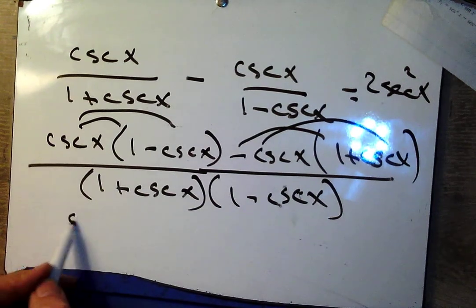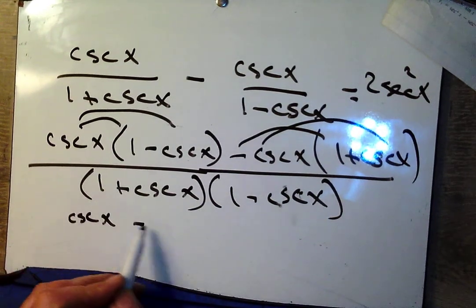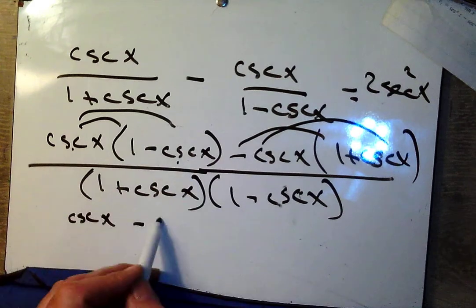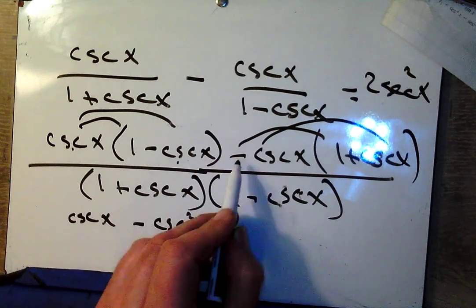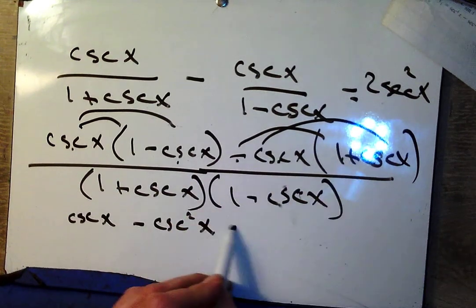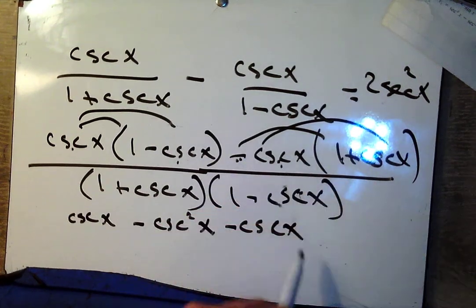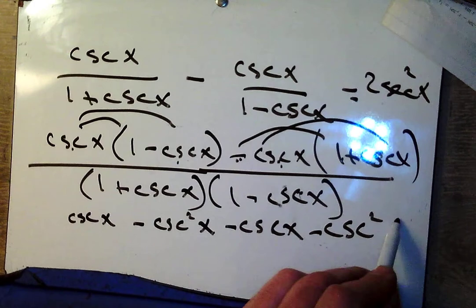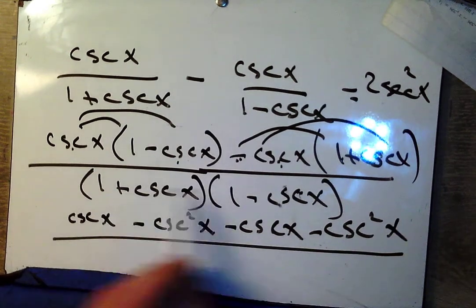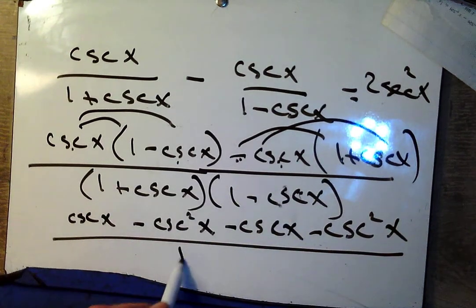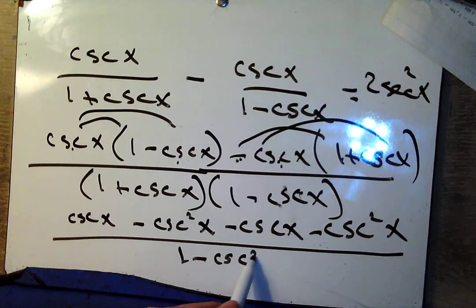I'm actually going to distribute. And so on top, I'm going to have cosecant x minus cosecant times cosecant is cosecant squared, minus cosecant times 1, minus cosecant times cosecant is minus cosecant squared, all over, and when I FOIL the bottom, I have 1 minus cosecant squared x. Okay, what do you see?